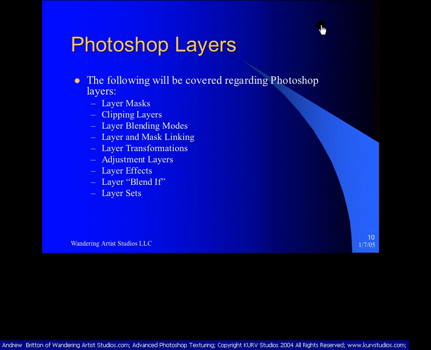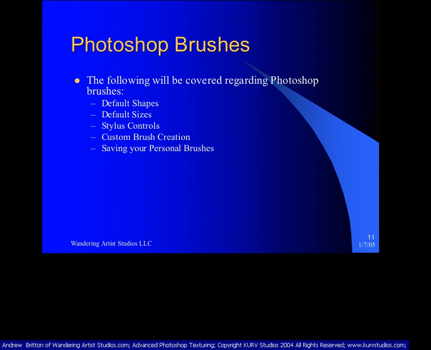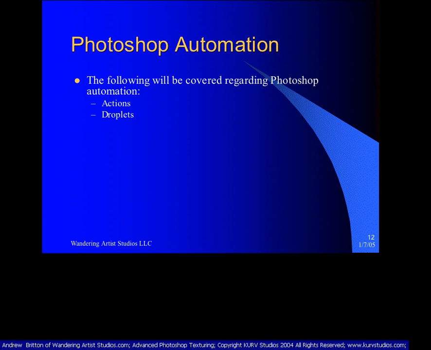So working in Photoshop layers, I'll be touching on the following topics: layer masks, clipping layers, layer blending modes, layer and mask linking, layer transformations, adjustment layers, layer effects, layer blend if, and layer sets. For custom brushes, we'll be talking about default shapes, default sizes, stylus controls, custom brush creation, and saving your personal brushes.